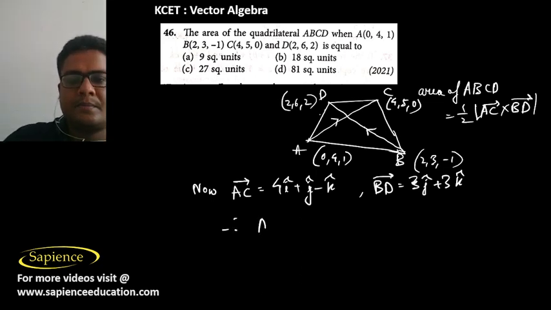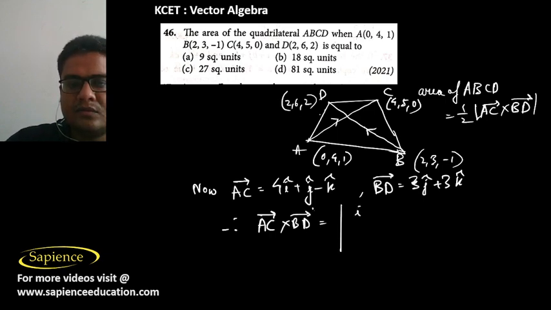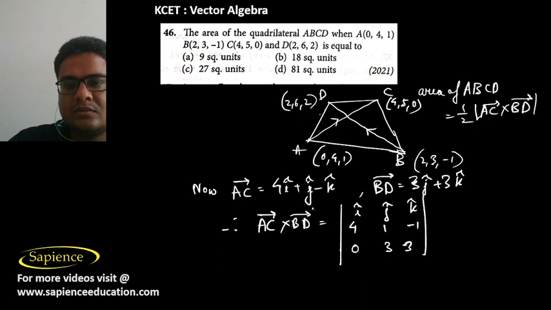Now therefore AC cross BD will be equal to the determinant of I J K, (4, 1, -1) and (0, 3, 3).